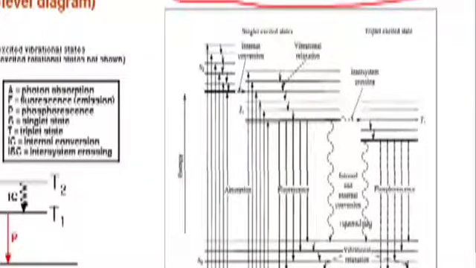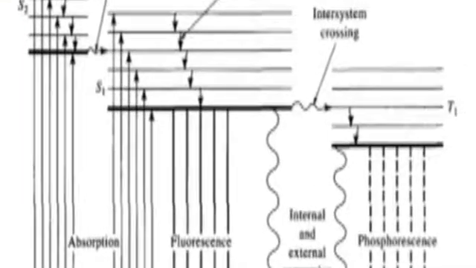Now look at this. Singlet excited state. Now listen here. From here we find the value of lambda, meaning wavelength. Now from the ground state, the electron gets shifted to a different level.